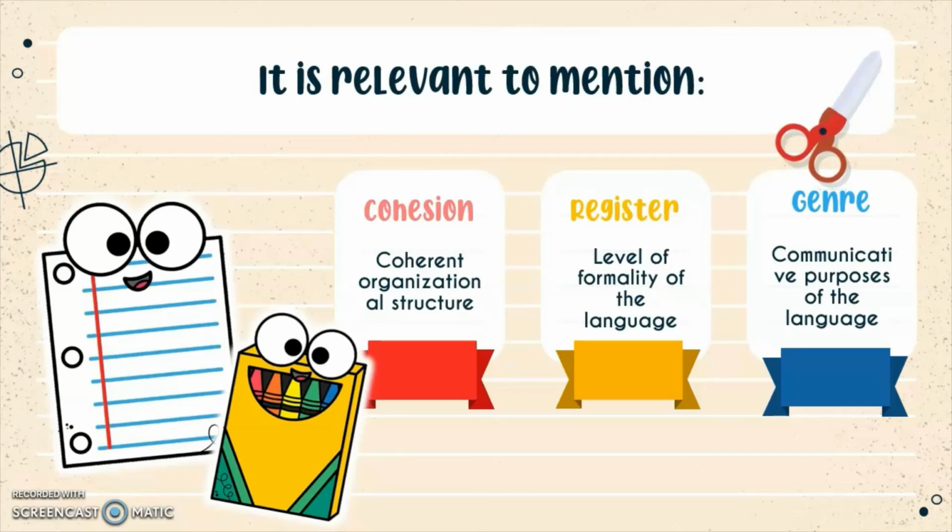Cohesion, for example, is the coherent organization of the structure. Register is the level of formality of the language. Finally, genre is the communicative purpose used in a specific publication or utterance. In this case, it can be a magazine or any type of text, oral or written.